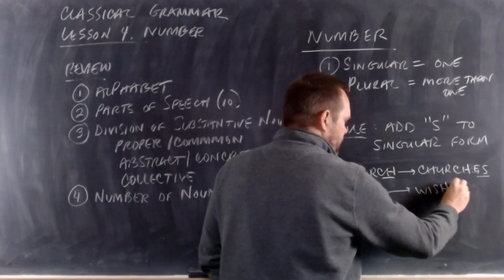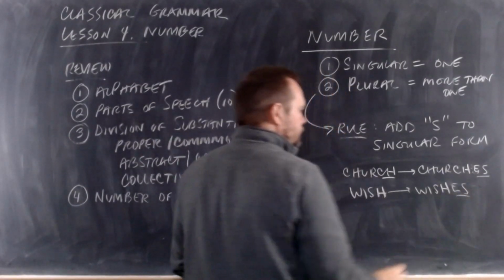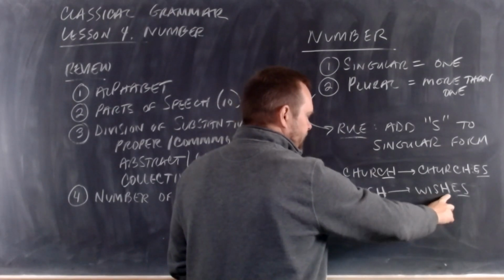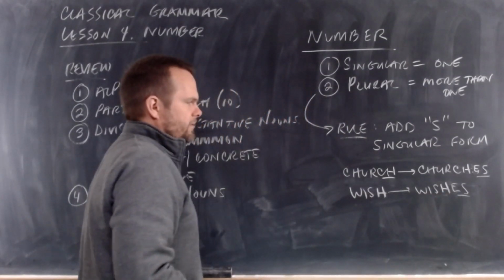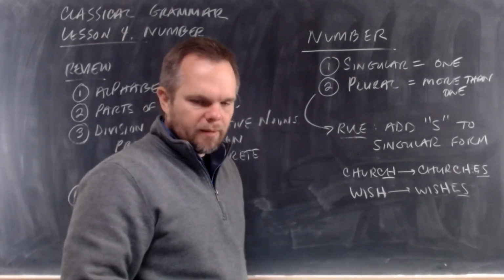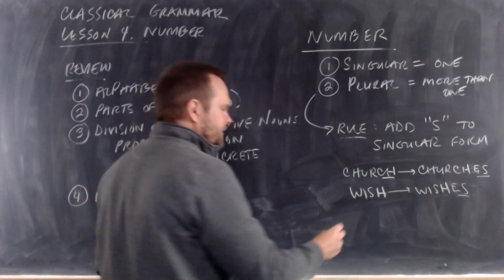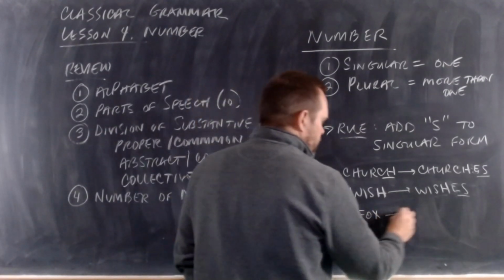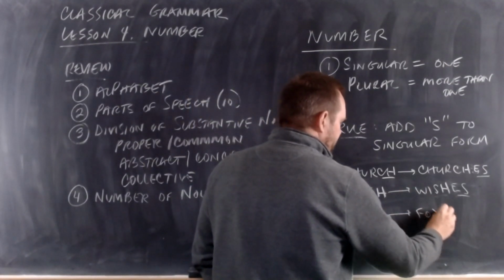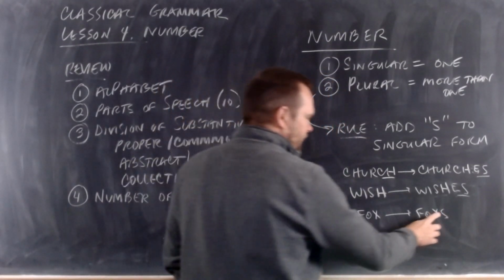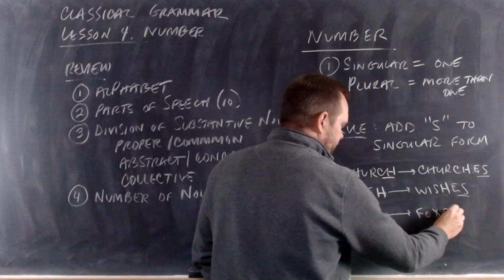We add es, because es is added anytime the substantive ends in sh. We're told the same is true for s and x. So if we have fox, we don't make the plural by simply adding an s at the end of the word. That's not correct English. We add es.